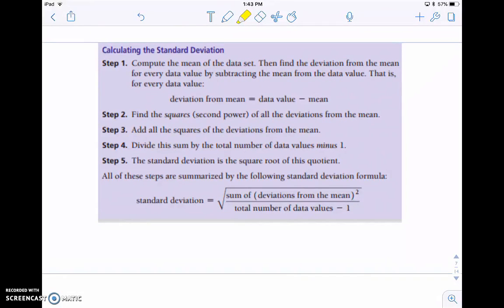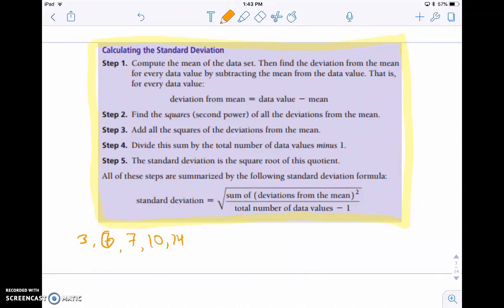So here are the steps. This can look and sound messy, but I'll give you an example here. I'm trying to make this simple for calculation purposes. Say we have a data set that goes, I'll keep it in order, 3, 6, 7, 10, and 14.